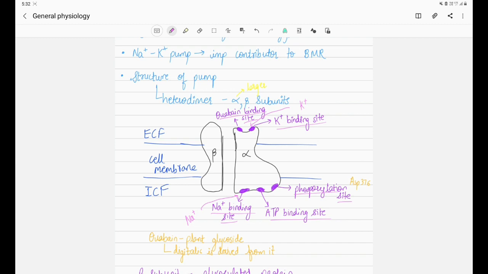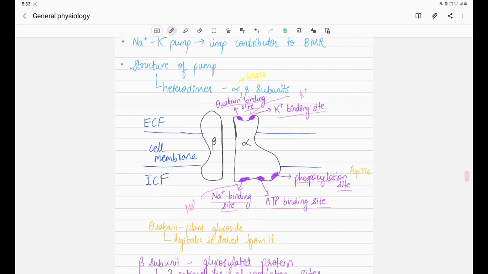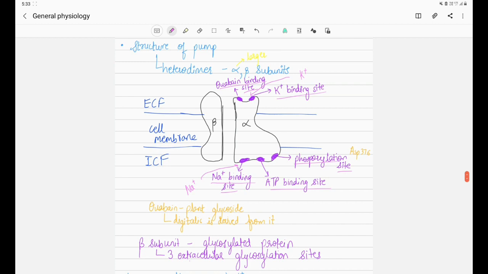So the digitalis which the doctor prescribes binds at the ouabain binding site towards the ECF on the alpha subunit of the Na+ K+ pump. Then of course there are the ATP binding site and phosphorylation site on the ICF side of the alpha subunit. If you see the beta subunit, there are 3 glycosylation sites on the ECF side.